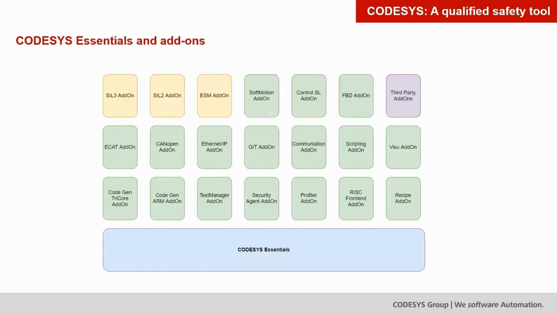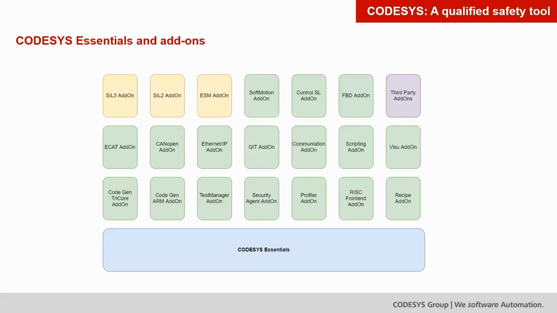And how is it done? Let's have a look to the CODESYS after the modularization. We have a CODESYS Essential, which is the base of CODESYS, and we have quite a few add-ons. This is just a short list of it, but there are quite a few add-ons, and there might be also third-party add-ons.